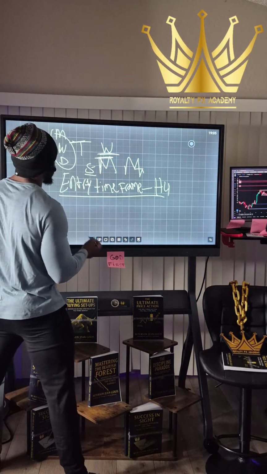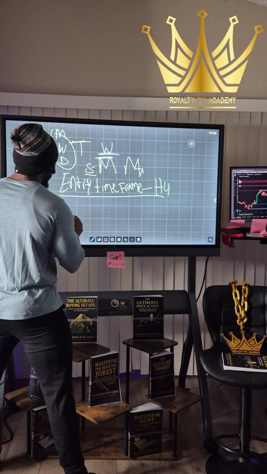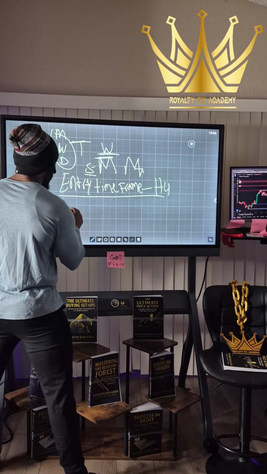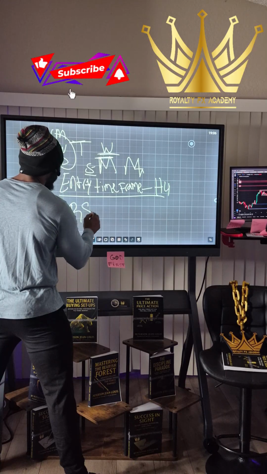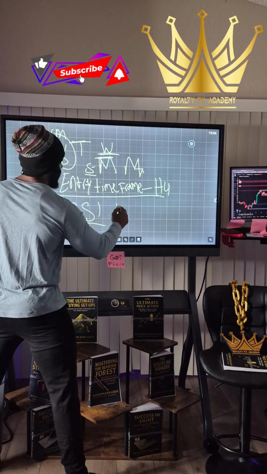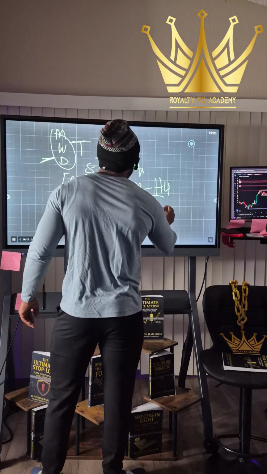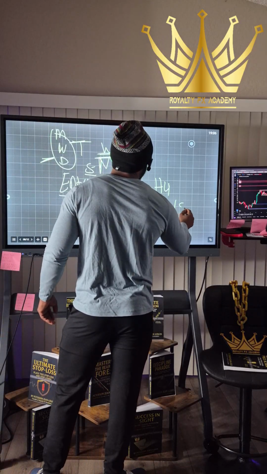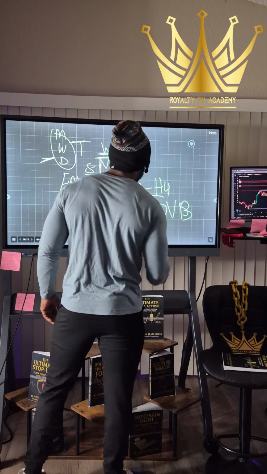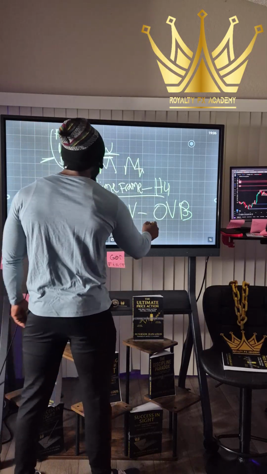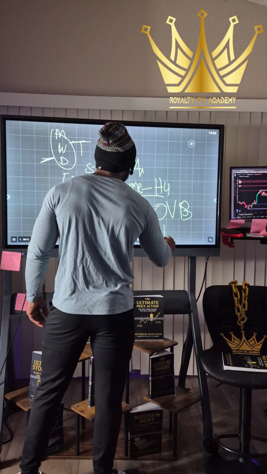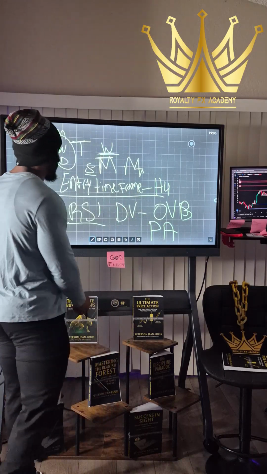As far as finishing the confluences, you're going to have your RSI. Either it's going to be divergent, okay, or overbought, okay? And then your last confluence is your PA.